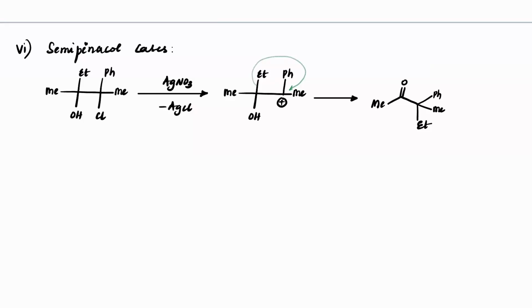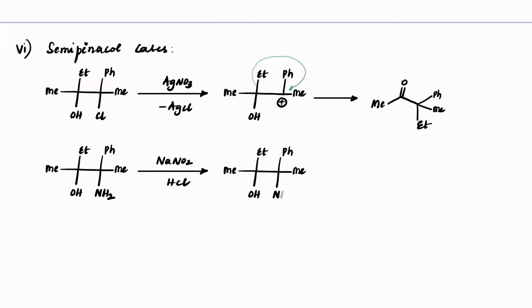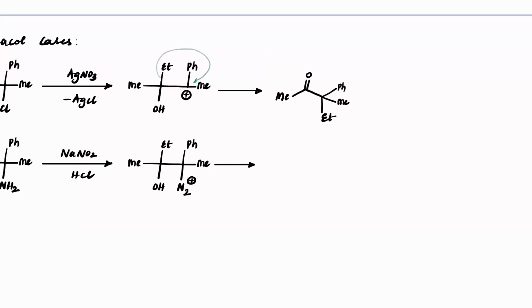Similar case, suppose I take a similar case here, where instead of chlorine, I have NH2. If you have NH2 and then I use NaNO2 and HCl, NaNO2 and HCl will make a diazonium salt. So here this will become N2 plus, and N2 plus is highly unstable. We learned this already, last week, the diazonium salt formation.